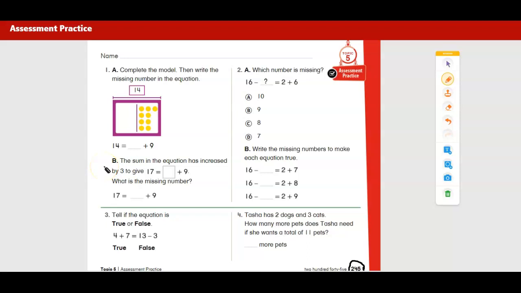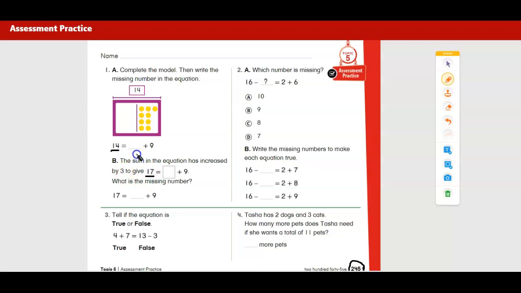Part B says the sum in the equation has increased by 3 to give 17 equals blank plus 9. What is the missing number? So we began with 14. Now they have added 3, so now your answer is 17.